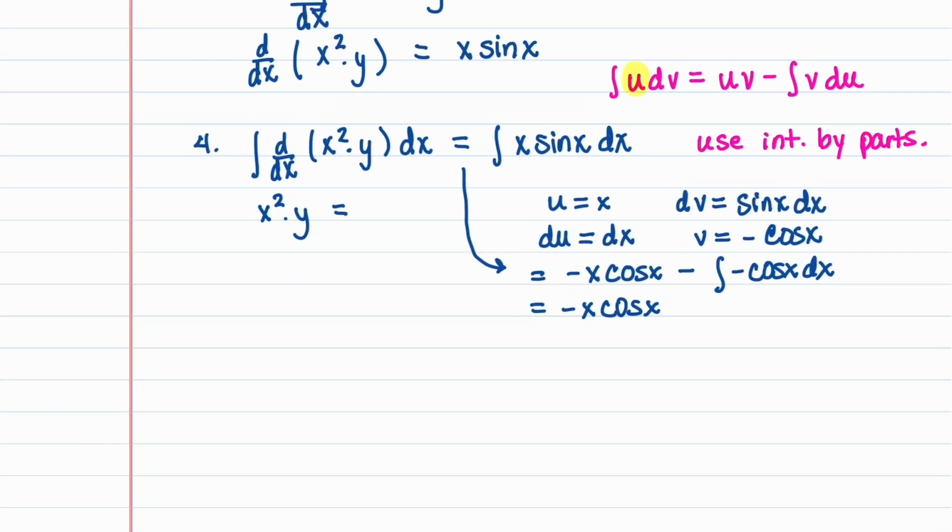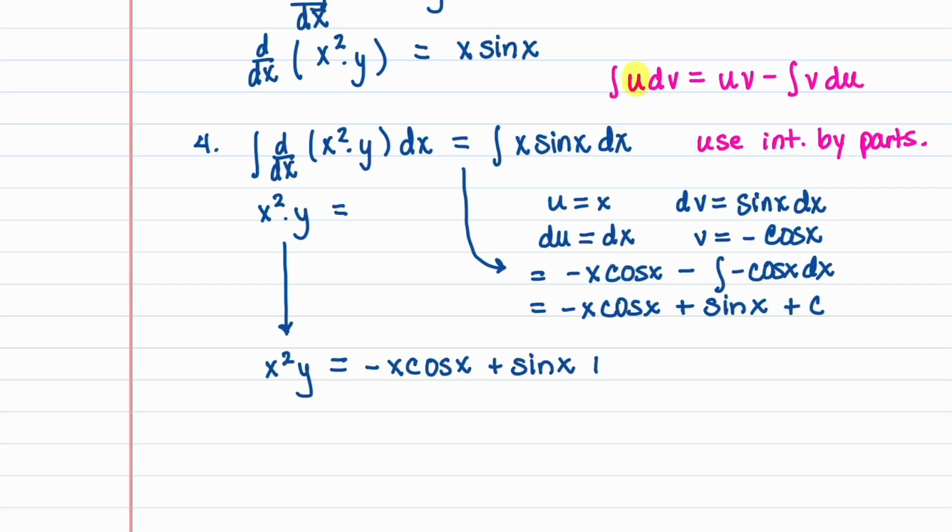And then we have plus the integral of cosine. The integral of cosine is sine. So we have a plus sine x. And then we're going to add on our plus c. Let's go ahead and rewrite this. On the left, we have x squared times y. And then on the right, we have a minus x cosine x plus sine x plus c.